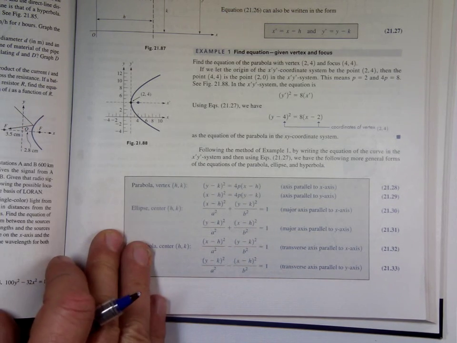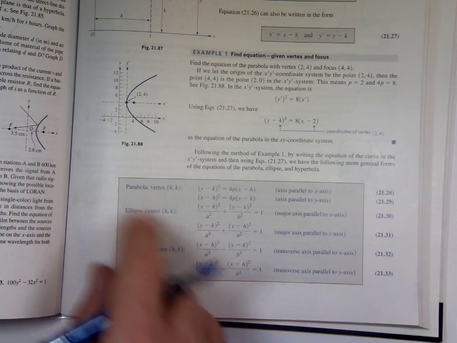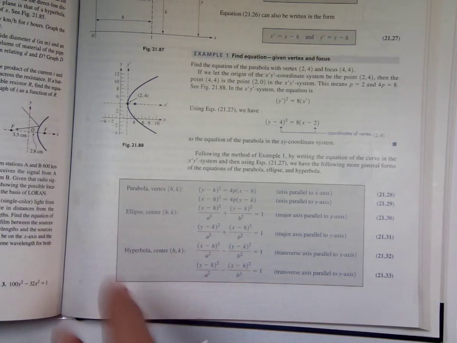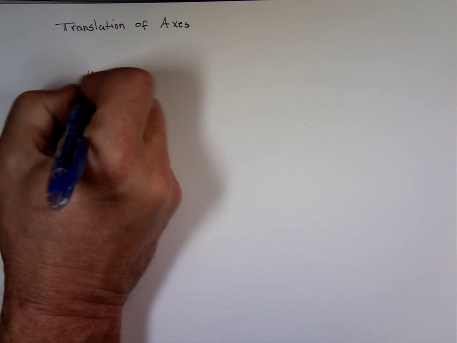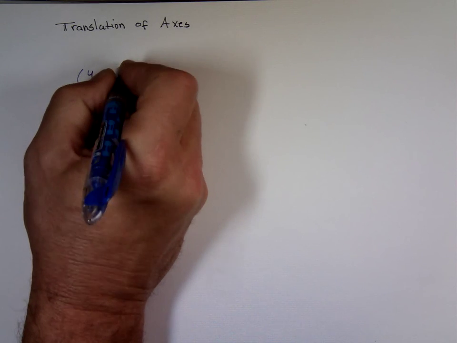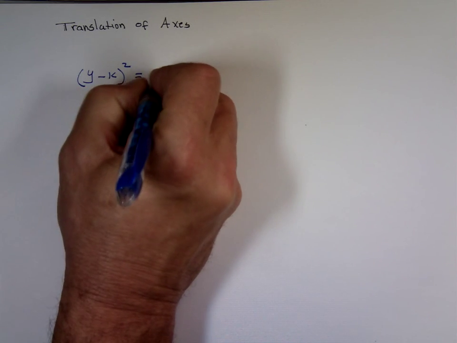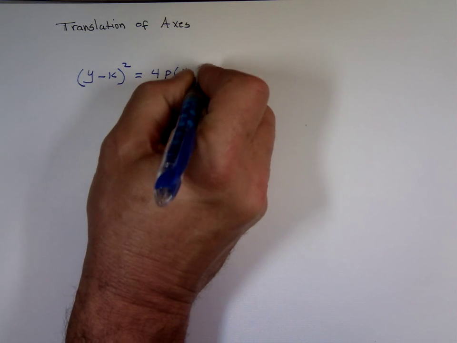So here's what we know. Remember what the parabola looks like. A parabola is only one side. So I'll write them down here. That's (y minus k) squared equals 4p(x minus h).